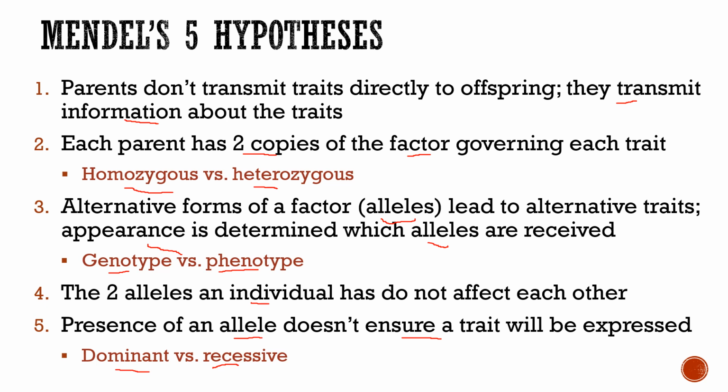So even though I may have an allele for blue eyes that's recessive, if I also have a brown eye allele, that dominates over the blue, so I end up with brown eyes instead of blue eyes.